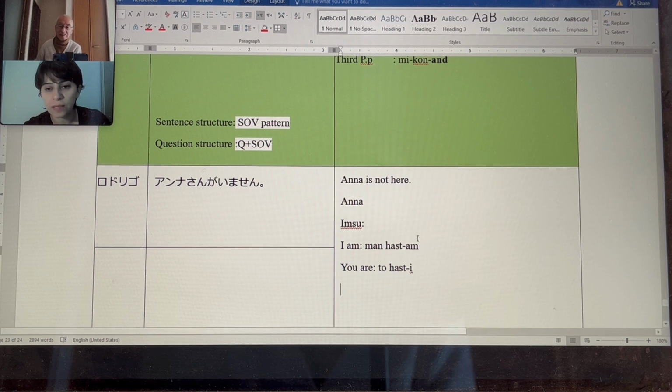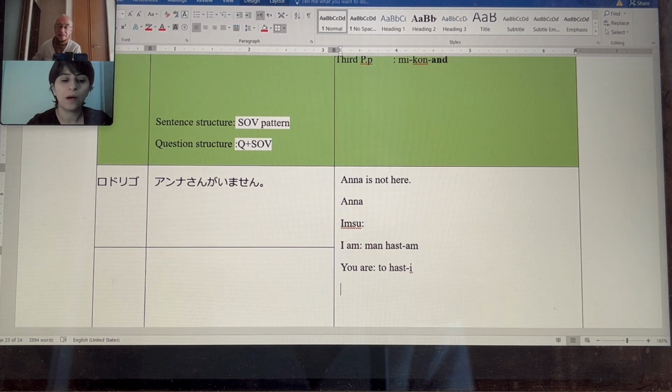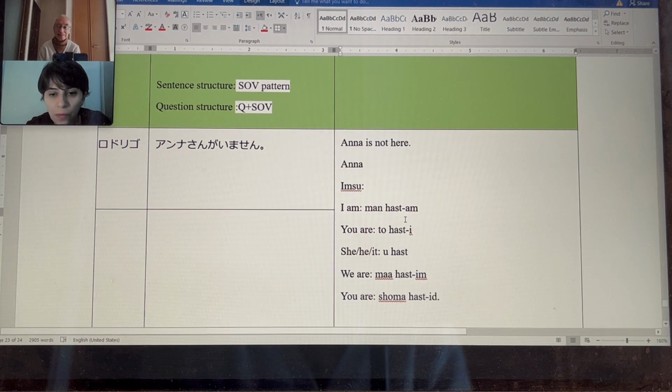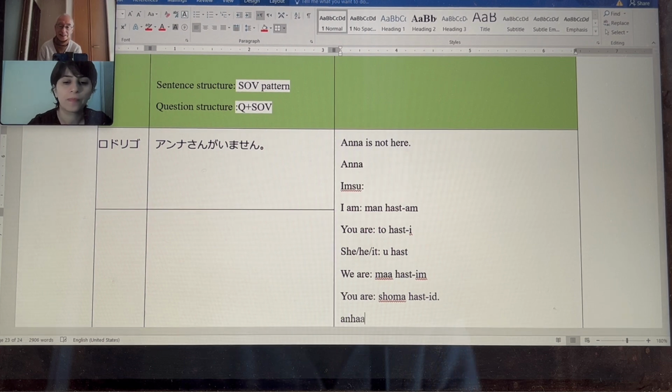For the first person singular it is am, for the second person singular it is i. She, he or it, hast. We are, ma hastim. You are, shoma hastid. They are, anha hastand.